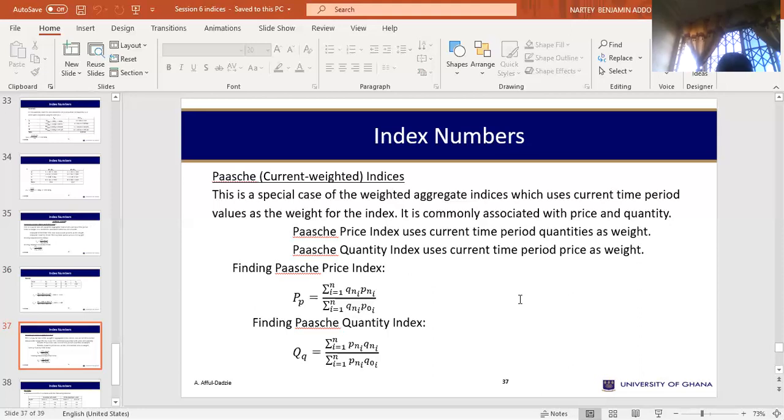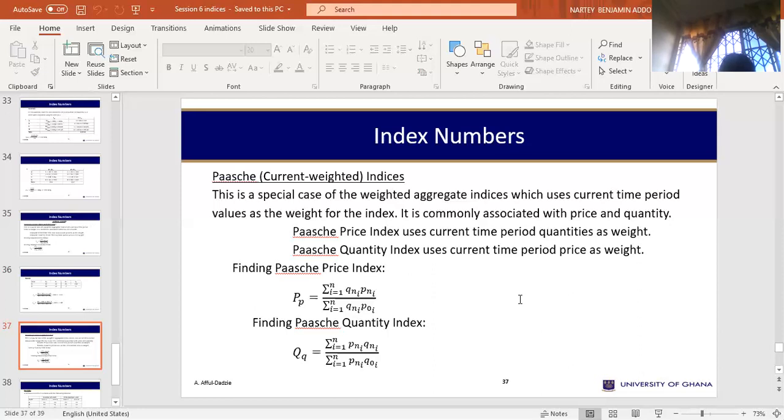But the disadvantages are many. It underestimates price changes or inflation. And then the denominator is not fixed, as I've already indicated, and therefore does not make comparison easy, because the denominator is not fixed, so you cannot use it to compare.